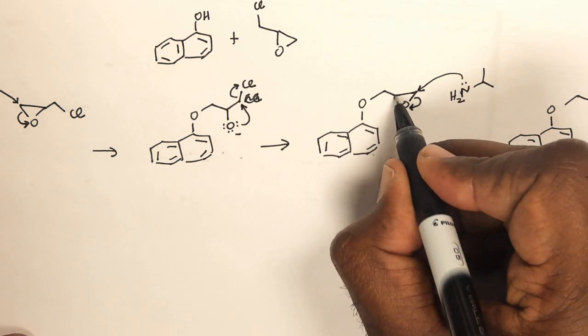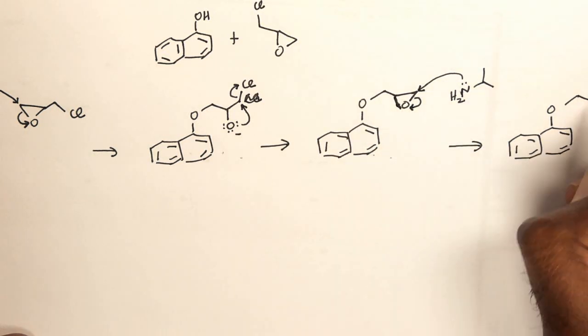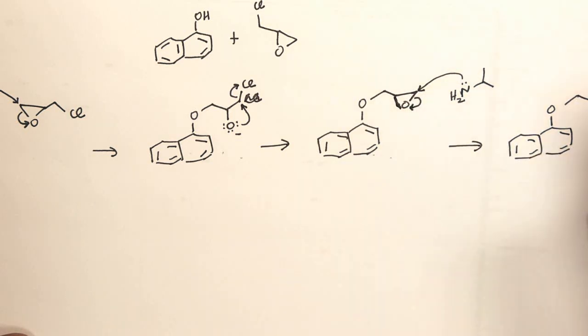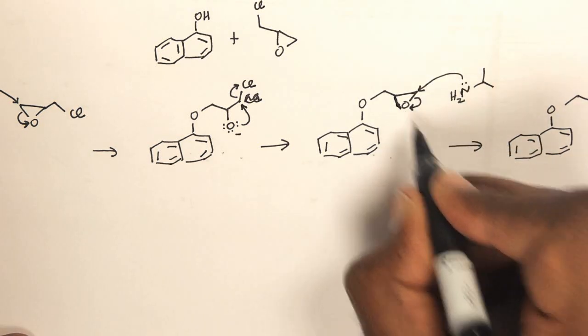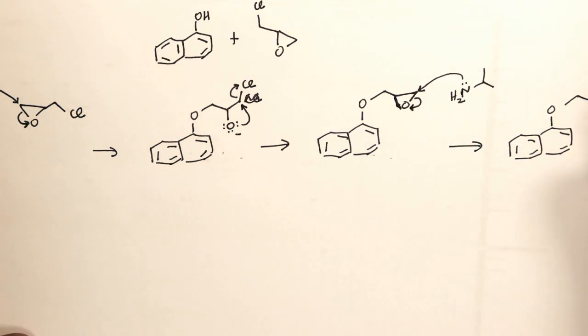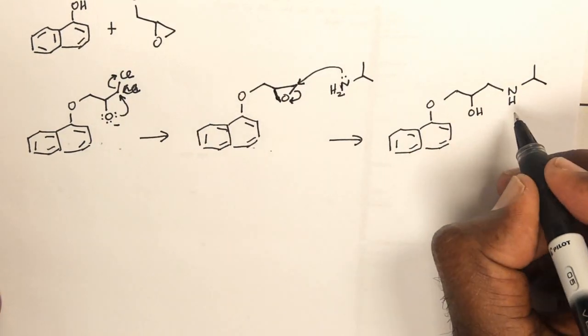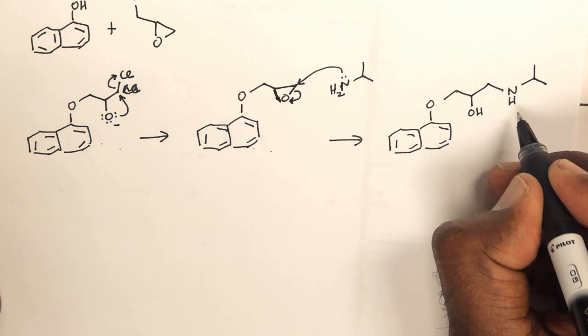Just remember, this oxygen carbon bond is not broken, and then we've got the other carbon atom to which the nitrogen atom is attached. As I said, one hydrogen leaves there and adds onto here. You can see it there, and that's your molecule.